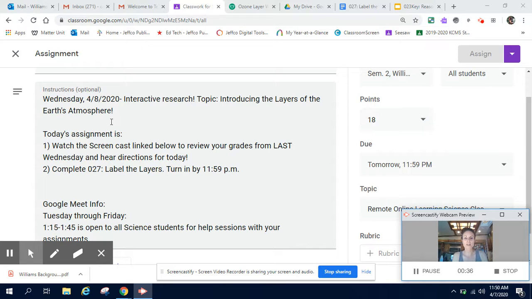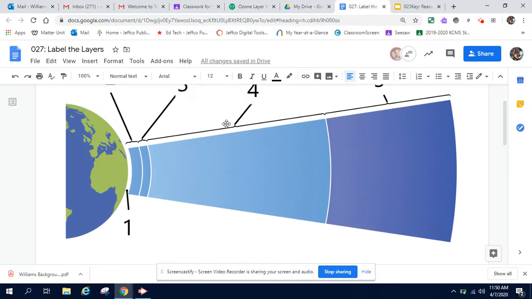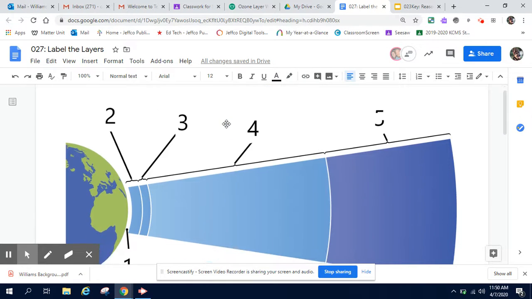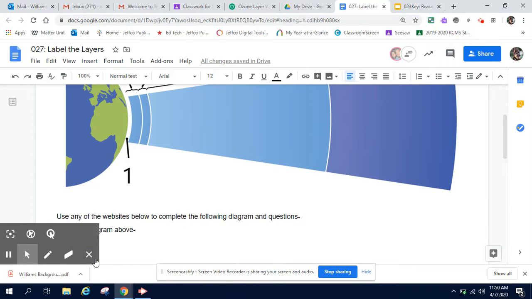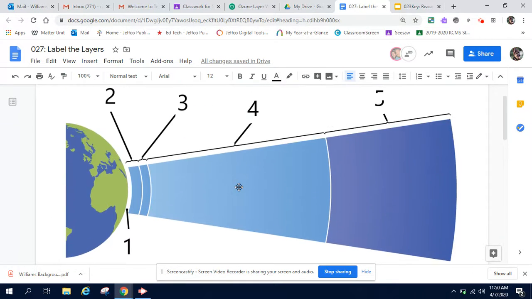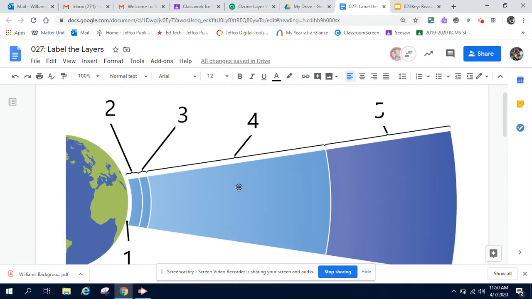So this is today's assignment you'll see in your Google Classroom. For today's assignment, you would open the link for 027, you get a paper that looks like this. There's a copy made for you. So what I want you to see is that what you have been given is a diagram of the atmosphere surrounding the Earth.